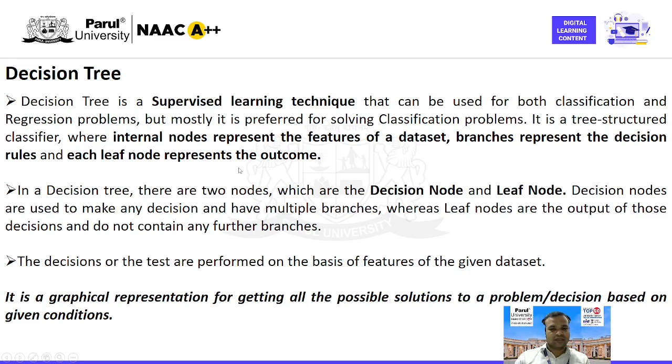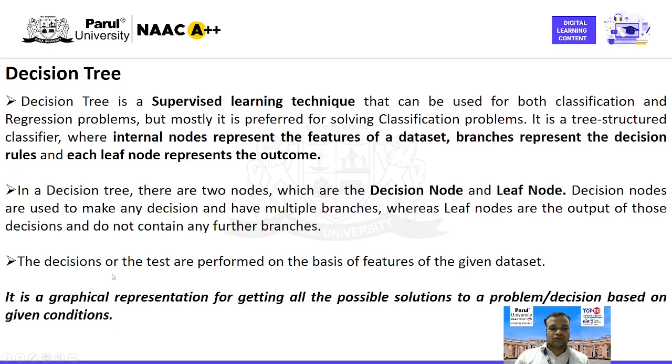A leaf node means the extreme last node, you can say child node. In a decision tree, there are two kinds of nodes: the decision node and the leaf node.